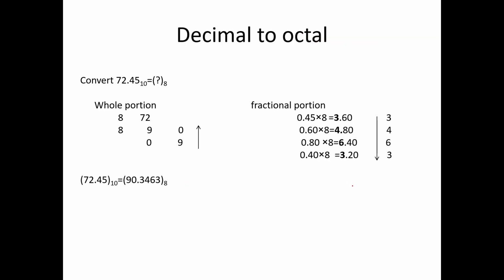Next, we will discuss the fraction part. This number contains a whole part as well as a fraction part: 72.45. When we divide 72 by 8, the quotient is 9 and the remainder is 0.